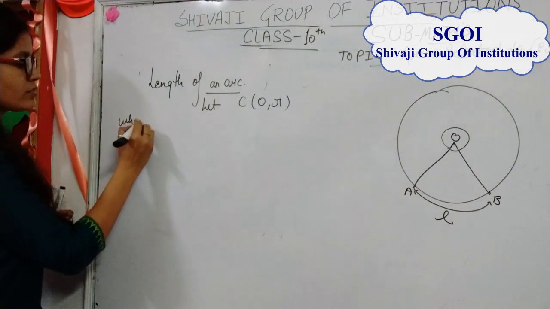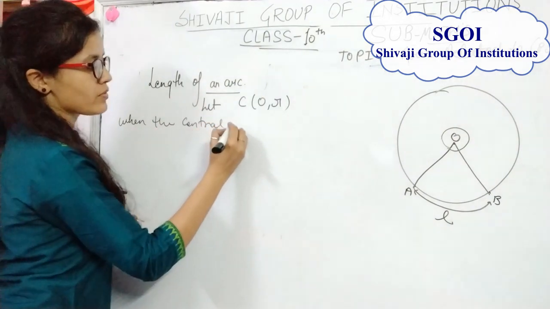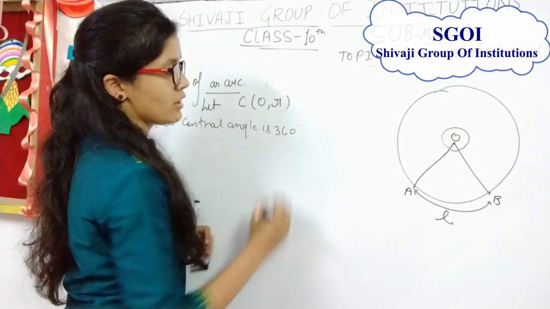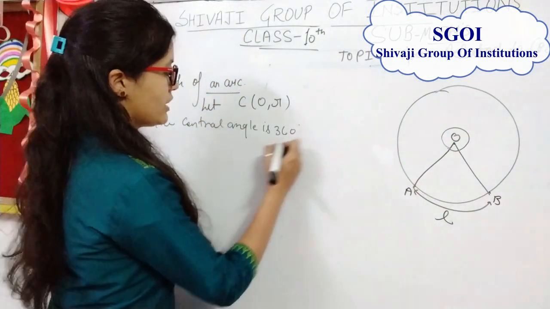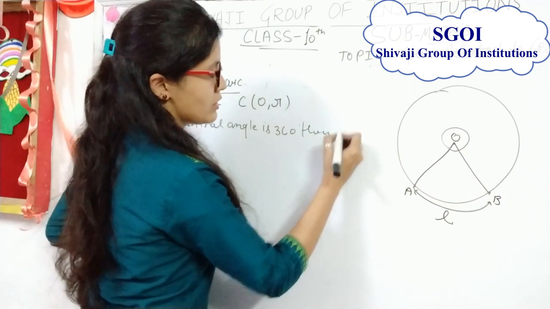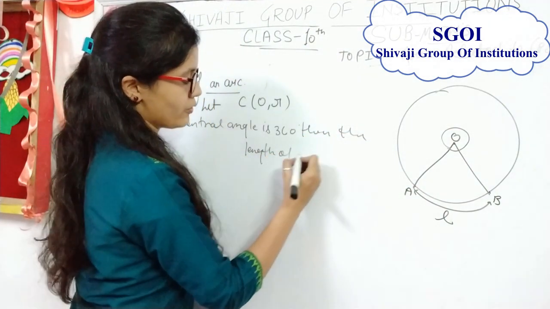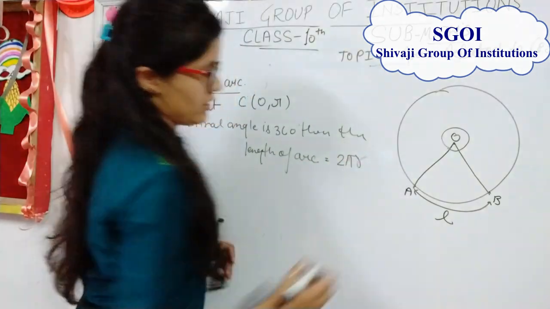When the central angle is 360, then the length of the arc is 2 pi r.